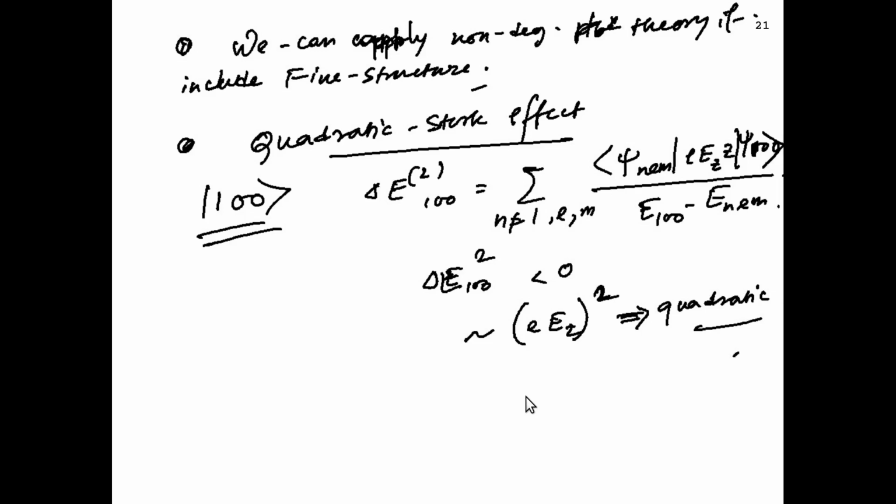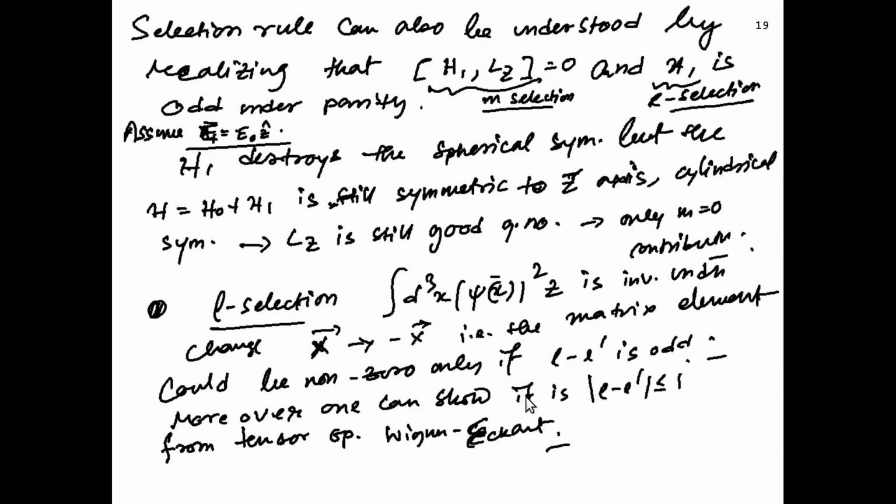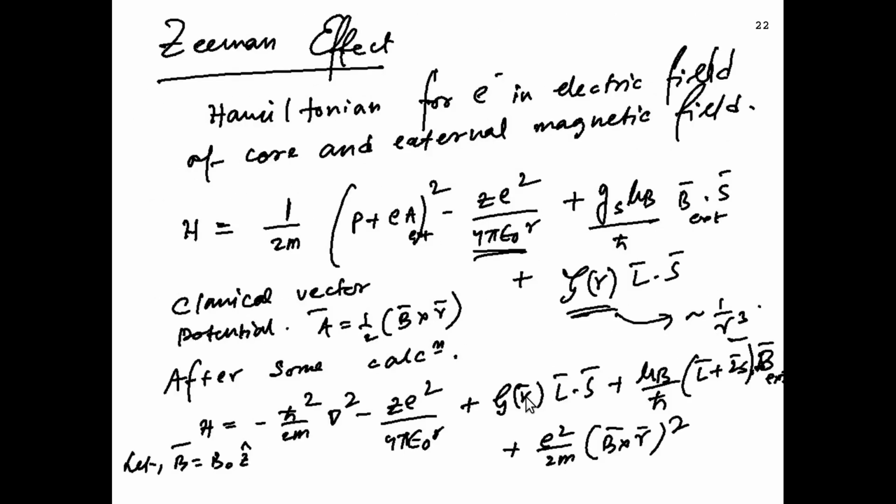Then you have the LS coupling term, which we already discussed, and a term L plus 2S dot B, where one part comes from the external magnetic field being written like this, another part comes from the S term, and then we have a B cross r extra term.